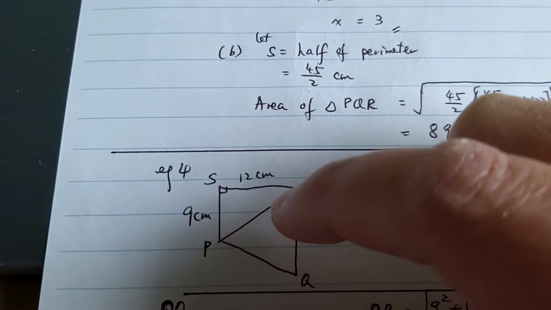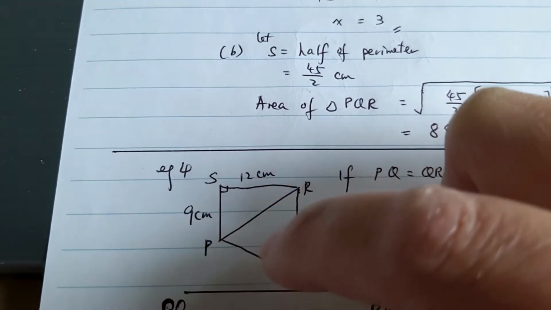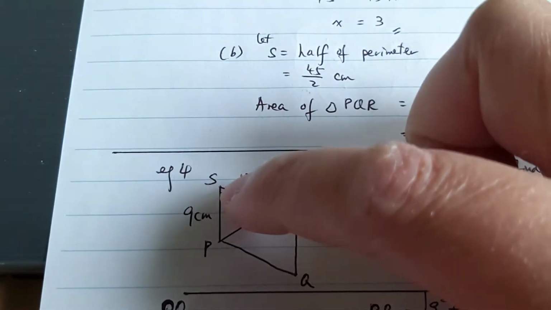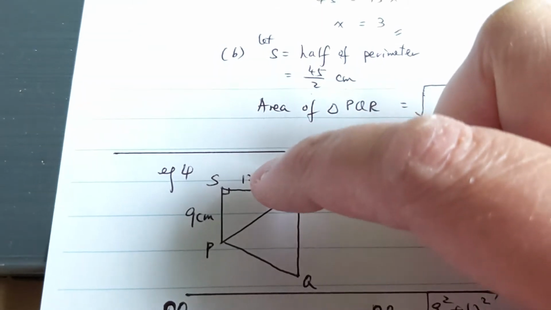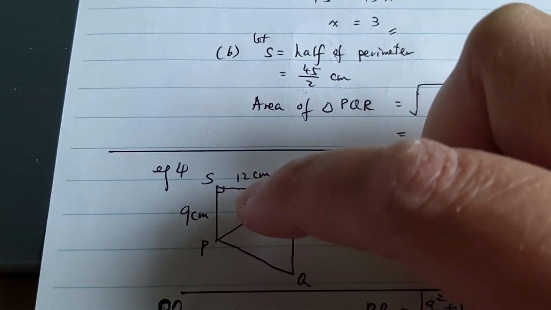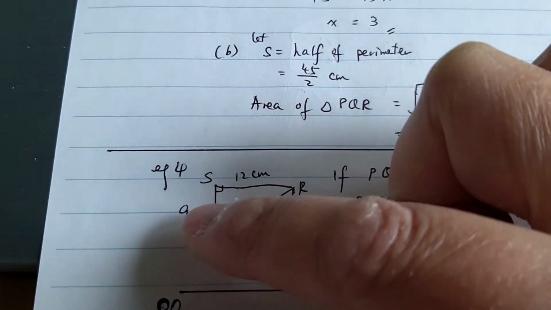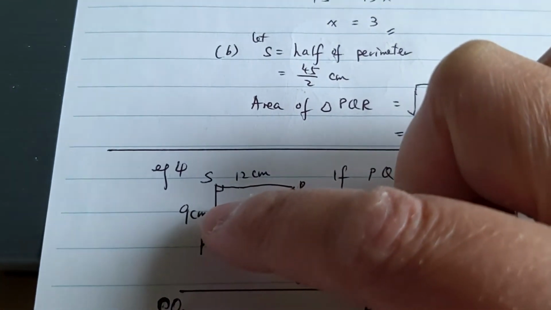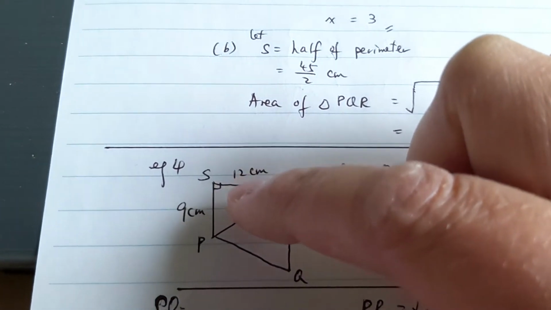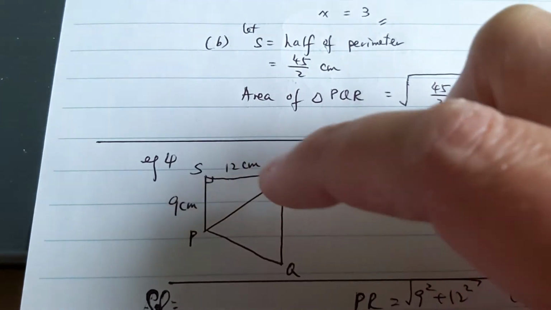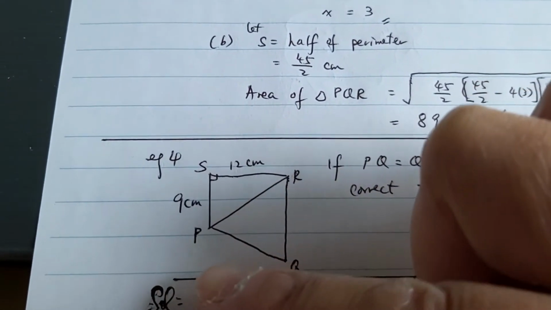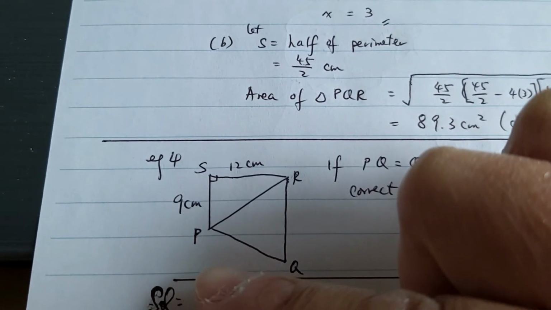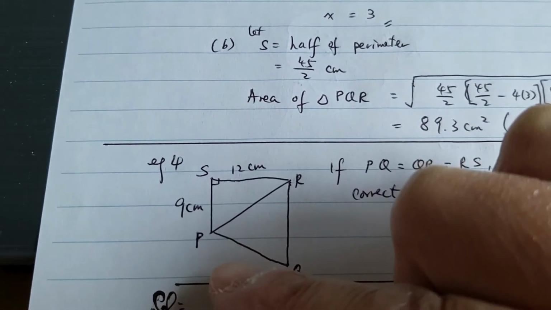So in order to find the area of this, you can find the area of the upper one plus the lower one. For the upper one, the right angle triangle, you just need to multiply the two sides because one must be the base, one must be the height, and divide by 2. It can be solved very easily. For this one, you need to use Heron's formula, for example.